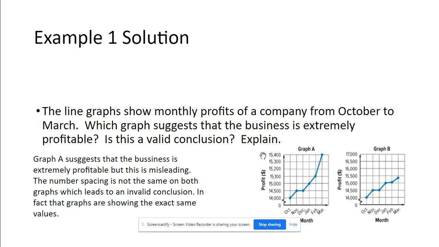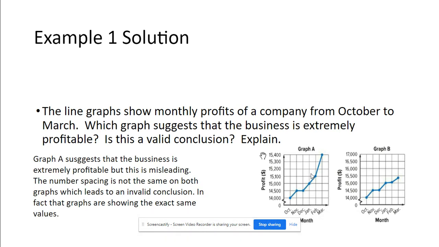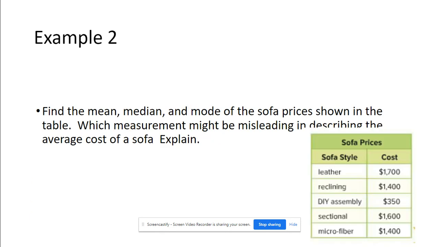Sometimes it's helpful to have the numbers closer together so you can see more where there was an increase. If this was my business and I sold $300 more worth of stuff, I think it's more reflected in graph A than in graph B. They show the exact same information, but this shows more of a change between those two months. So that's the conclusion that we make: it is an invalid conclusion.